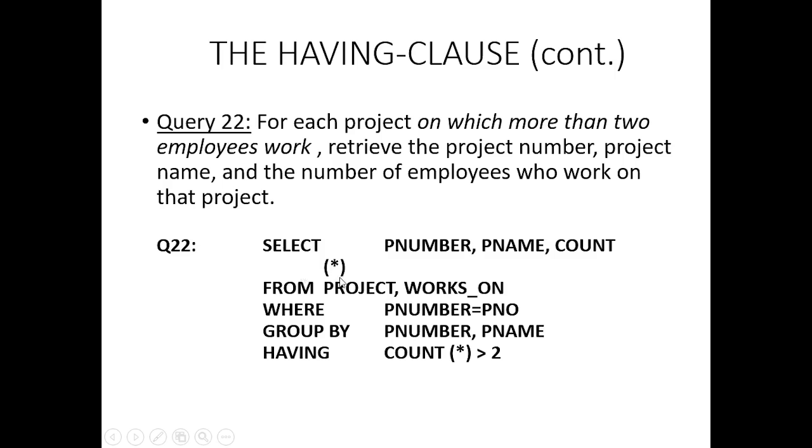So SELECT P number, P name, COUNT(*) FROM project, works_on WHERE P number = PNO, and this should be grouped by P number, P name and HAVING COUNT(*) > 2. That's what we say. If there are more than two employees, then only we need to retrieve this project number and name.